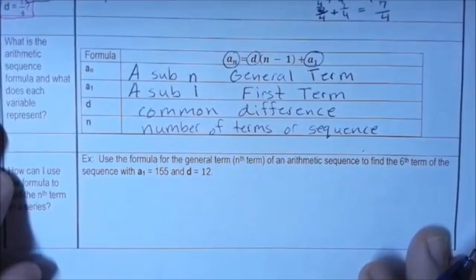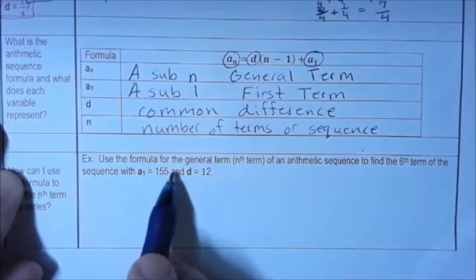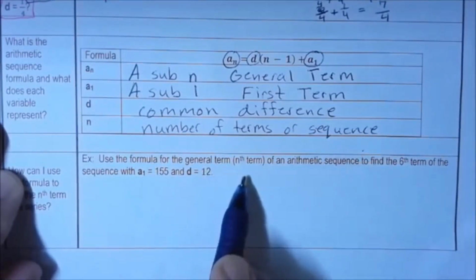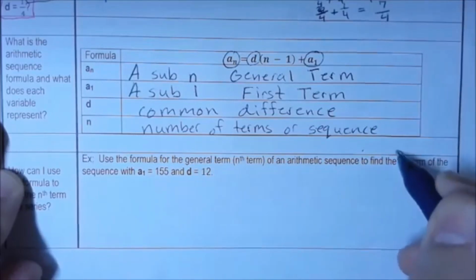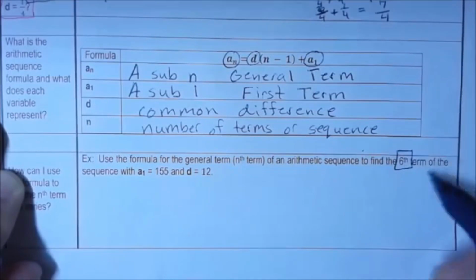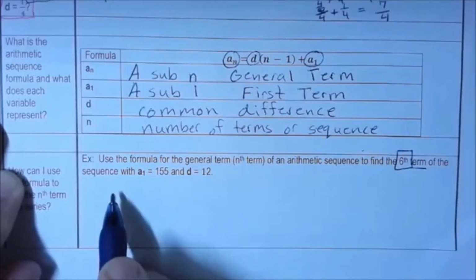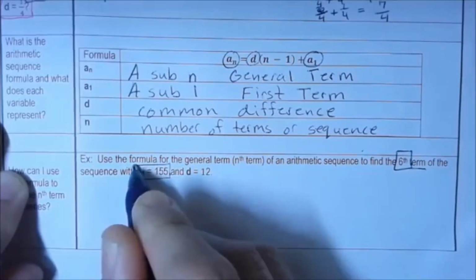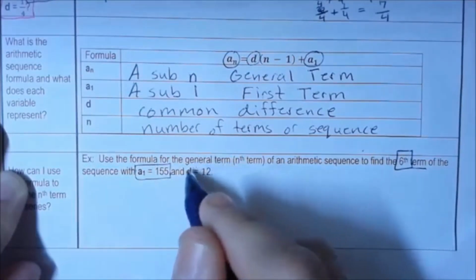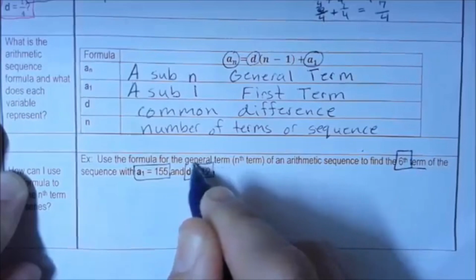Well, let's do that. Notice this says use the formula for the general nth term of an arithmetic sequence to find the sixth term of the sequence with a sub 1 equal to 155 and the common difference is 12.